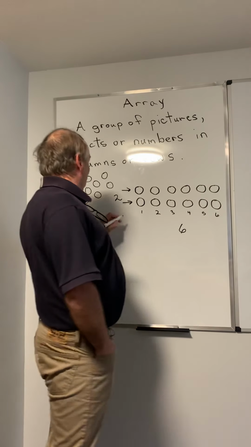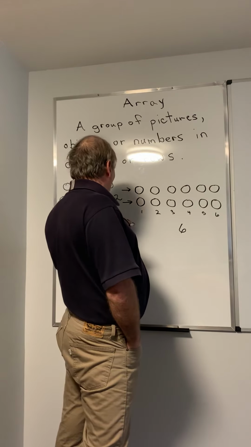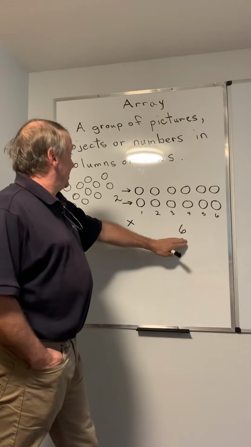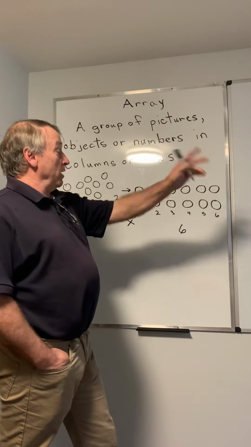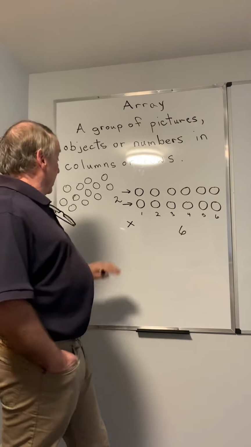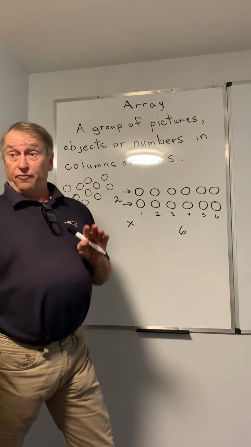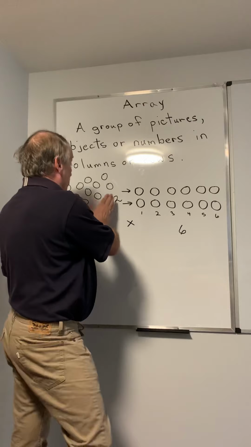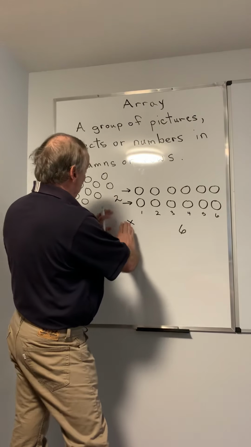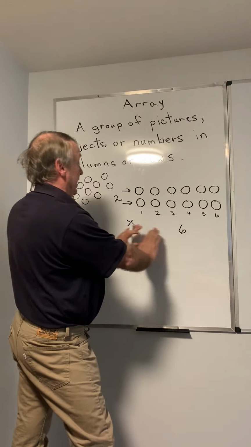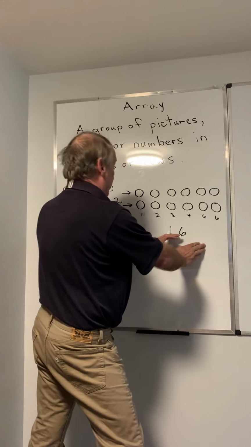So this one would be a 2 by 6 rectangular array. And in order to figure it out, it's almost a multiplication problem. You got 2, this x means by 6, or 2 times 6.